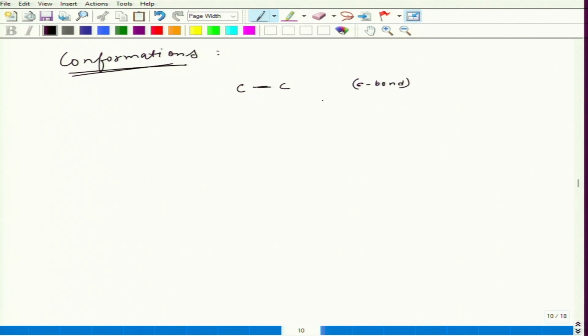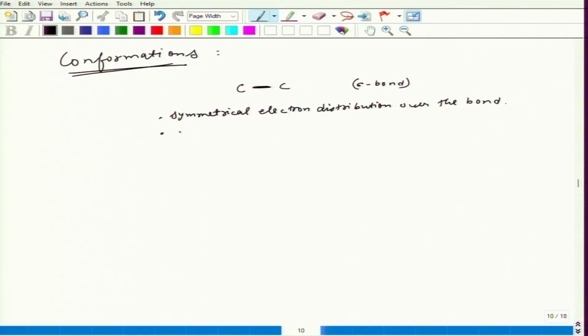And what happens in a C-C bond is there is a symmetrical electron distribution over the C-C bond.